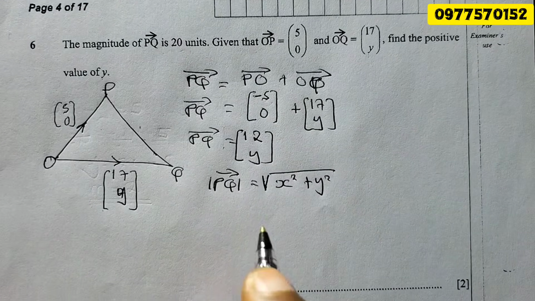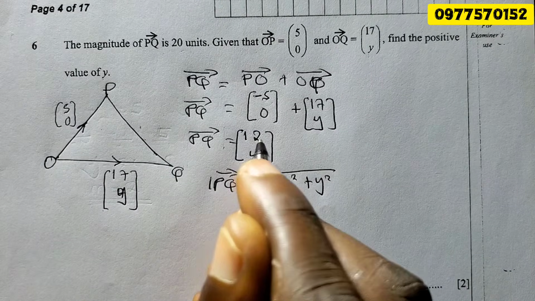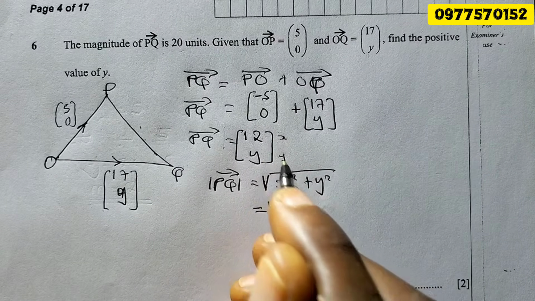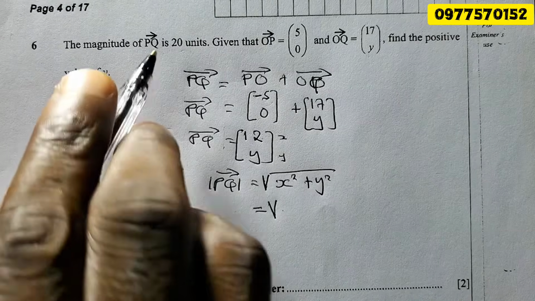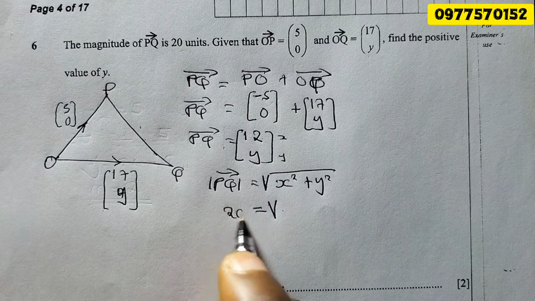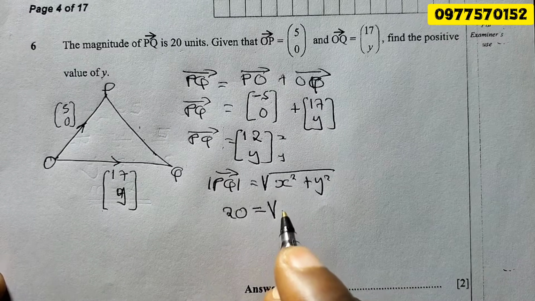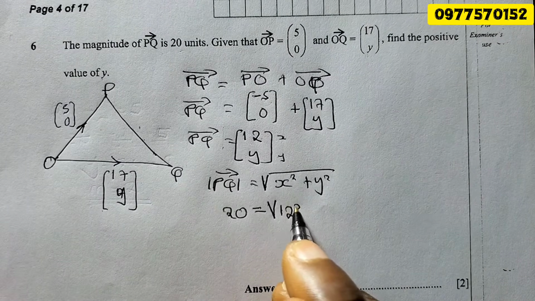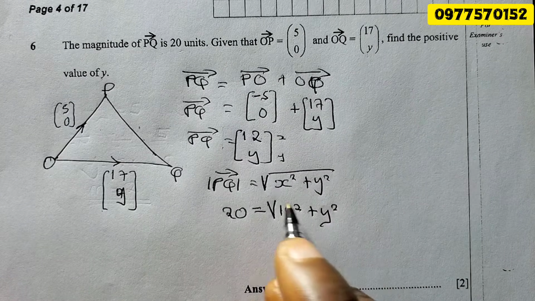The magnitude we substitute with 20, then x we substitute with 12. So it will be 12 squared plus y squared.